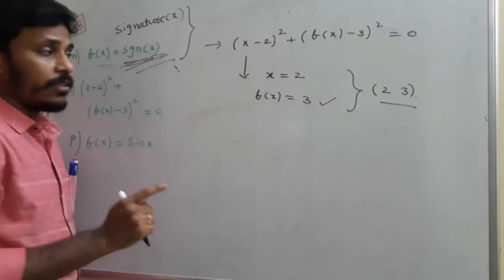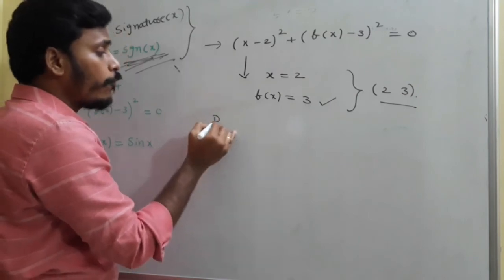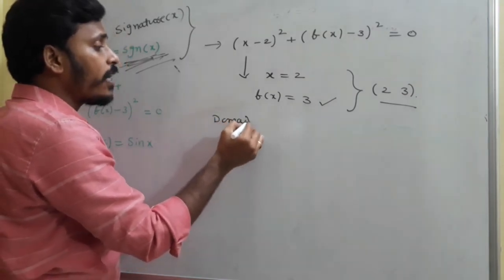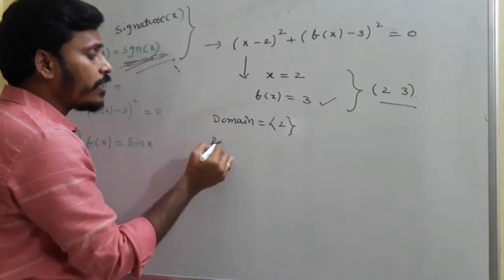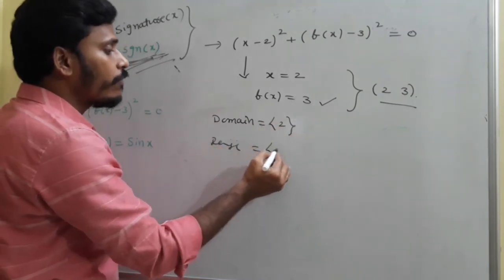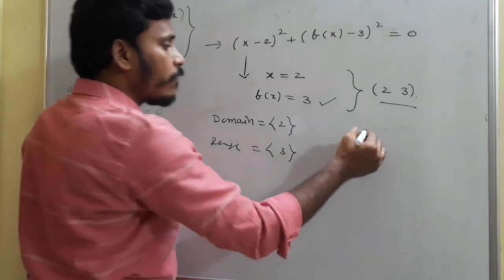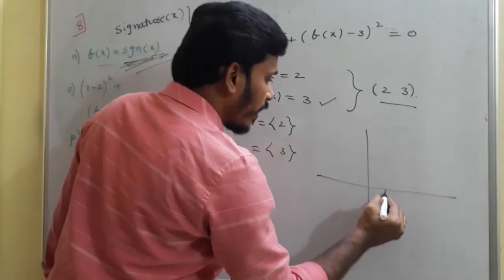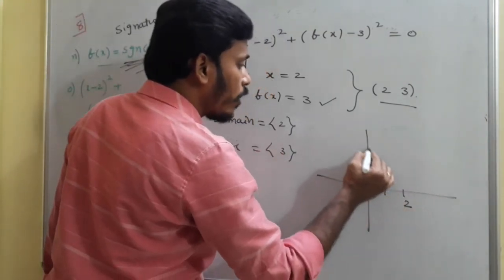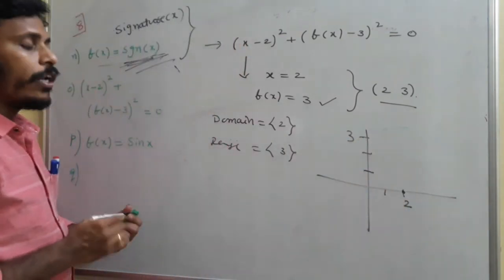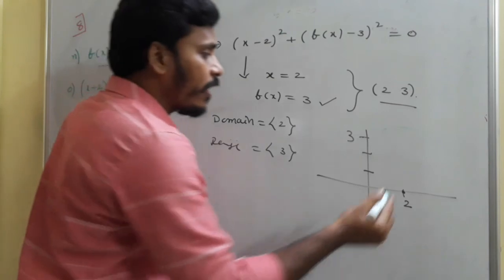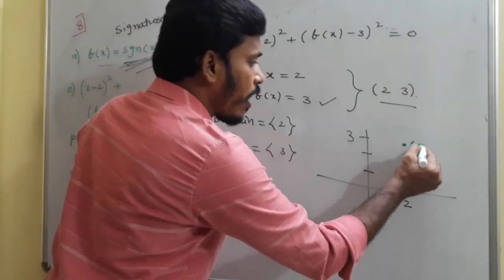Just memorize it. So for this function, the domain is just one number, which is 2, whereas the range is again just one number, the singleton 3. If you wish to sketch the graph, it also contains only one point: x is 2, y is 3, and corresponding to that there is only one point, (2, 3).